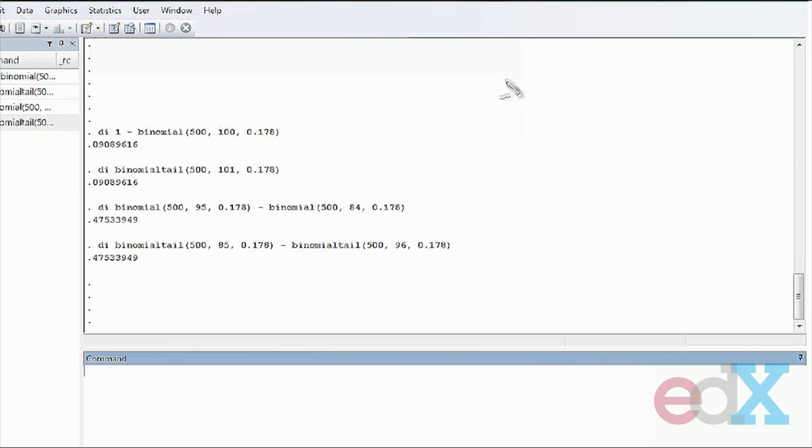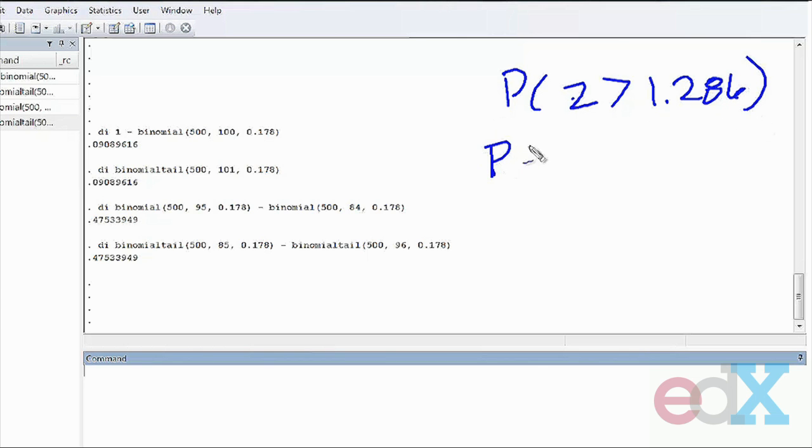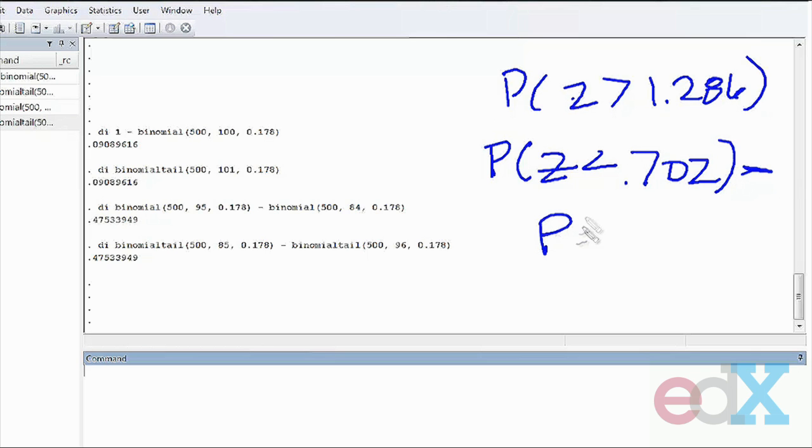So as a recap, we want to know the probability that z is greater than 1.286. We want to know the probability that z is less than 0.702, and we're going to subtract that from the probability that z is less than negative 0.468.